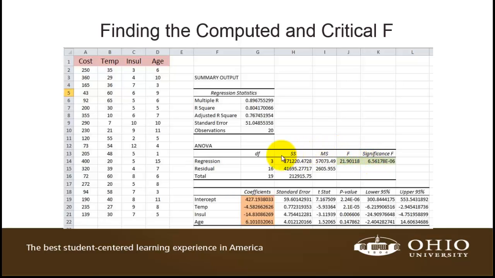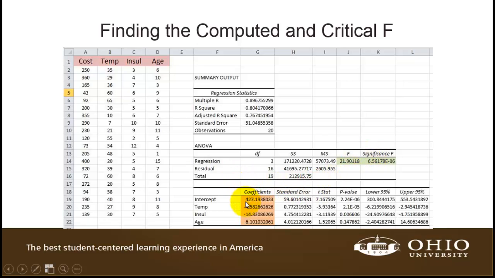So what we know based on this value and the p-value is that at least one of the independent variables, temperature, insulation, or age, would be a significant predictor of cost.